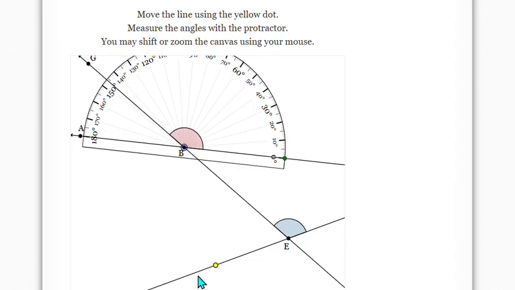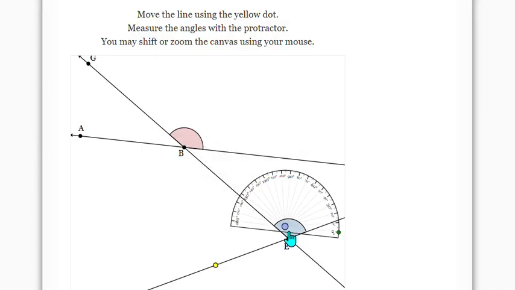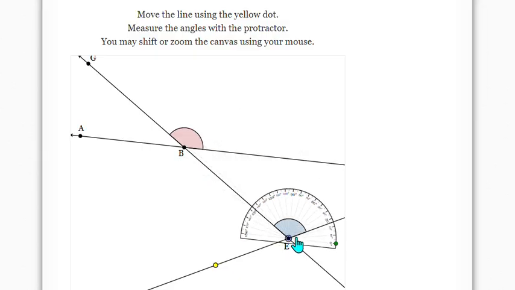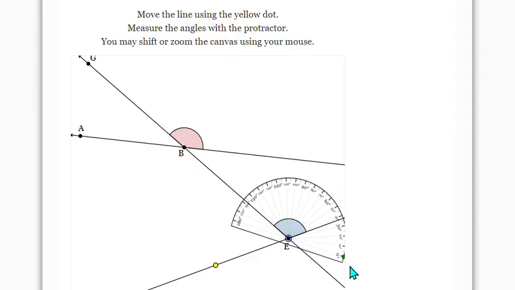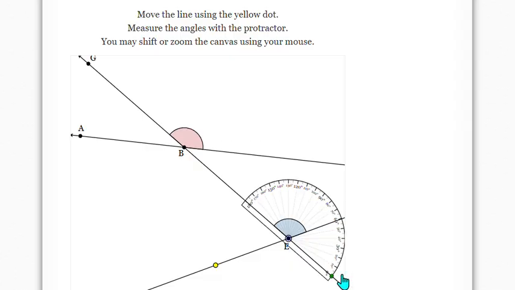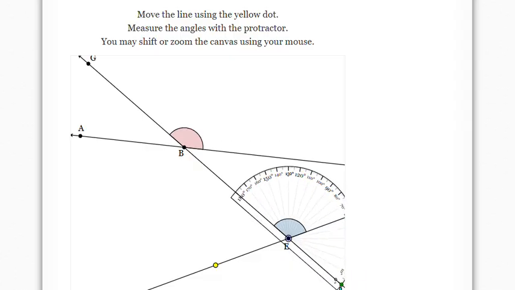That means we need to play with this line here to try to make it parallel, and this line would then be 146. So I'm going to take my protractor and go like that. My transversal isn't going to change, so I'm going to make that my baseline.